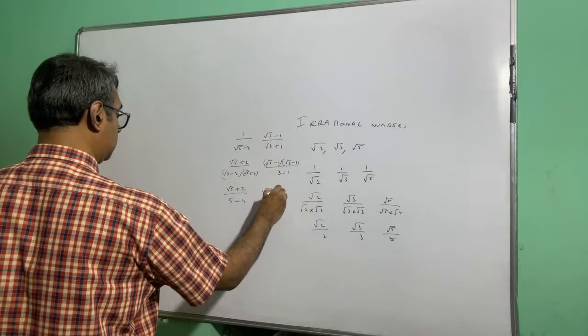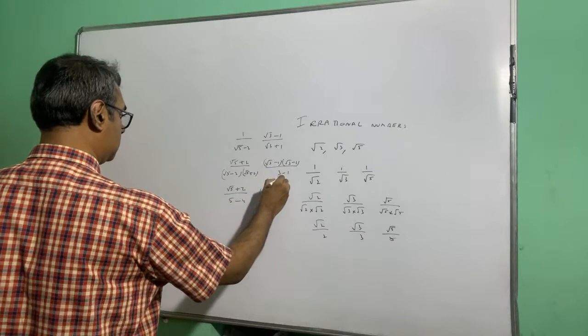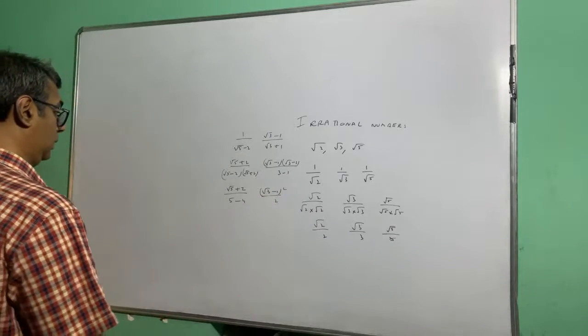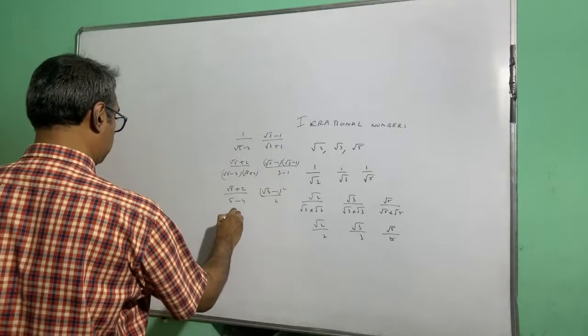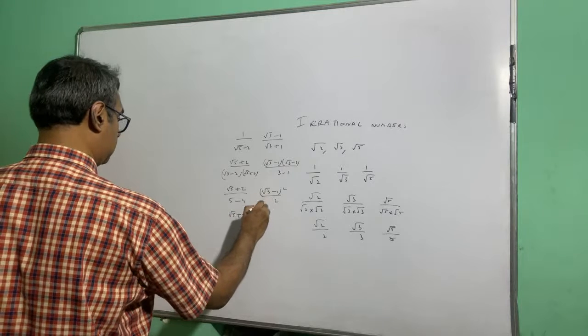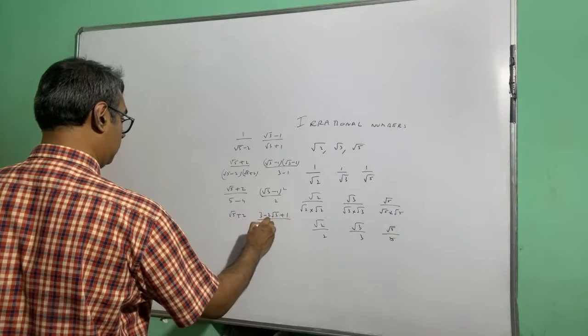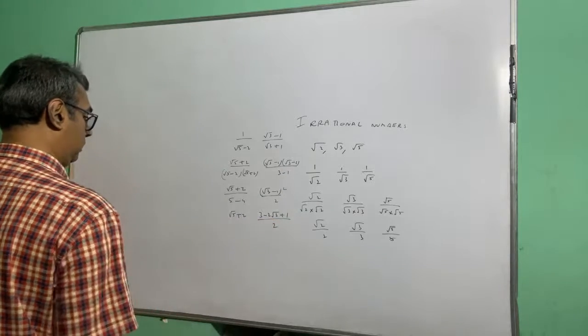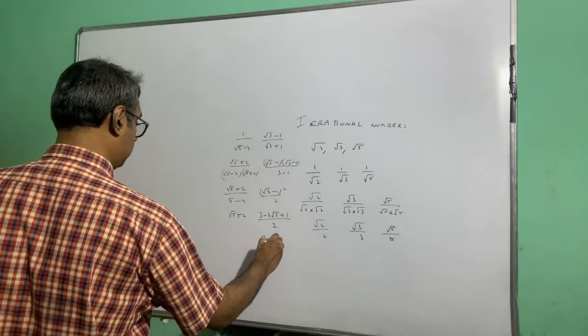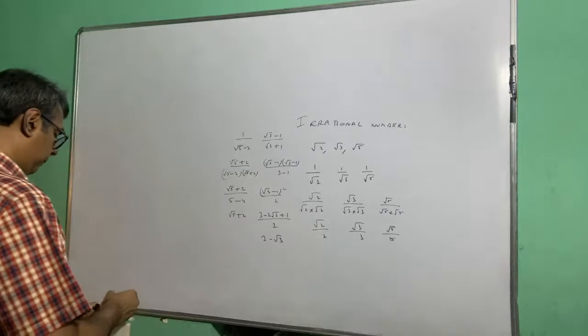And this will become root 3 minus 1 whole square and the denominator will be 2. So ultimately this is 2 minus 3 minus 2 root 3 by 2, which comes to 2 minus root 3.